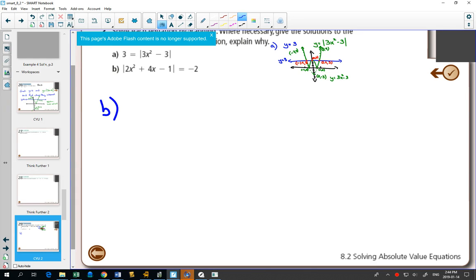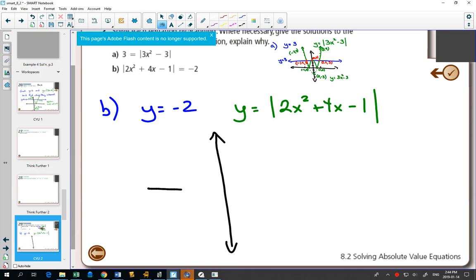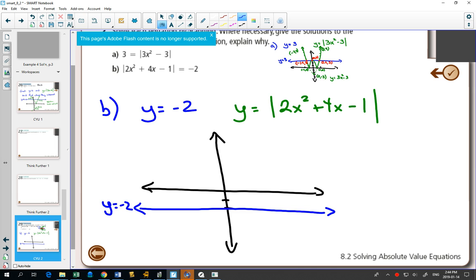Part B. So we're going to graph y equals negative 2, and we're going to graph y equals the absolute value of 2x squared plus 4x minus 1. So where is y equals negative 2? That's the horizontal line right here at negative 2.